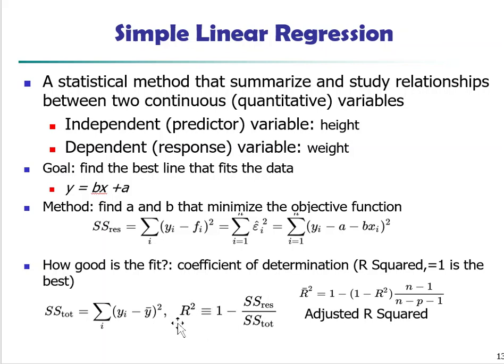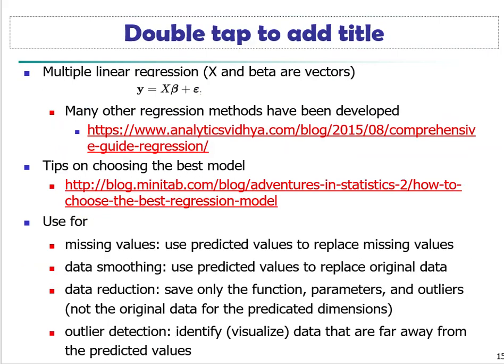So for a simple linear regression, R squared is good enough. However, as we're going to mention later, in multilinear regression we can use multiple variables to predict one variable. x and the beta now are vectors.